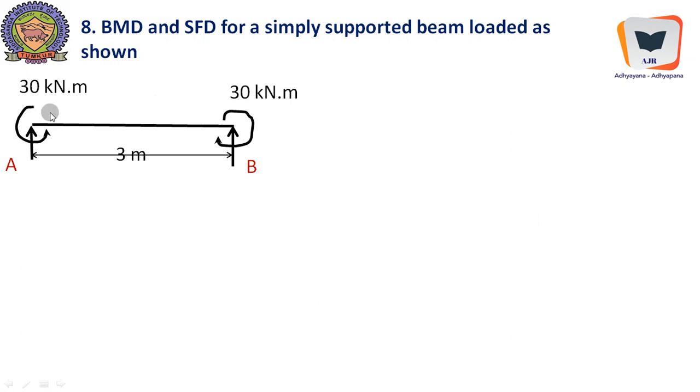Therefore, it is situation specific. Sometimes a beam may have to experience concentrated moments like this, and by all said and done, they are also included under the loading category. Therefore, beams can be loaded with concentrated moments.